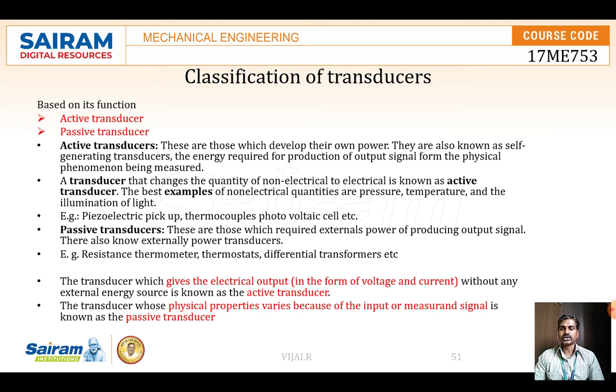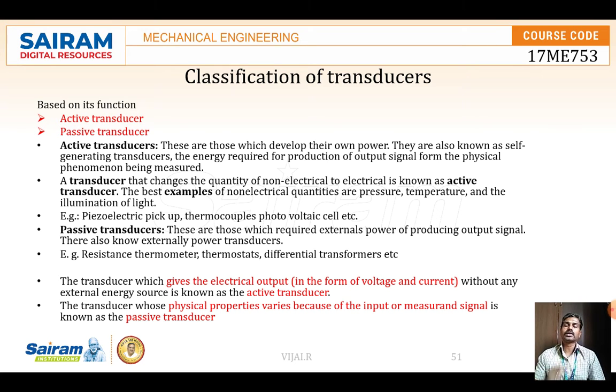And a passive transducer needs an external energy for transferring the input to output, that is, the conversion of one physical quantity to another. Passive transducers are those which require external power for processing the output signal. So this is the basic thing we have to know. One is the active transducer, the second one is the passive transducer.